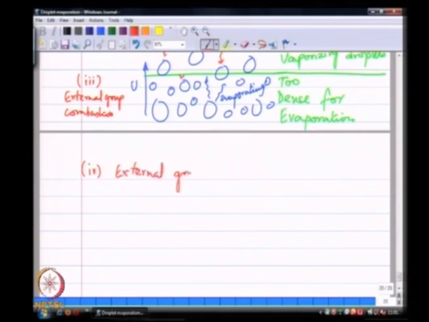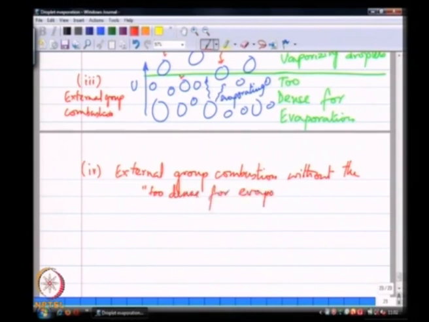The fourth mode is also an external group combustion without the too dense for evaporation region.